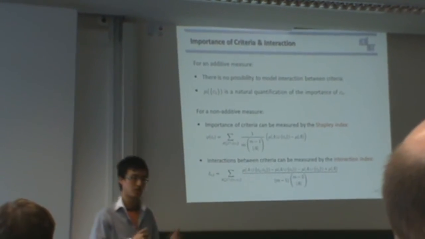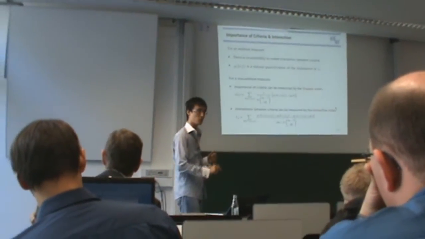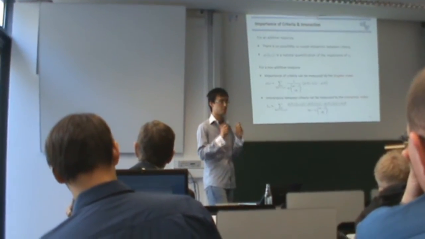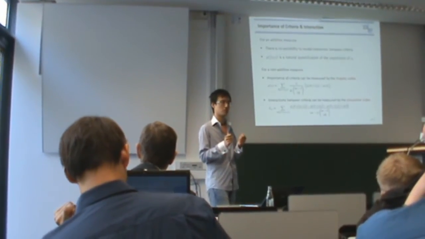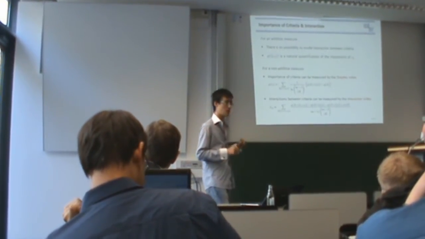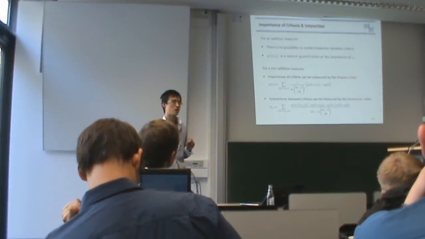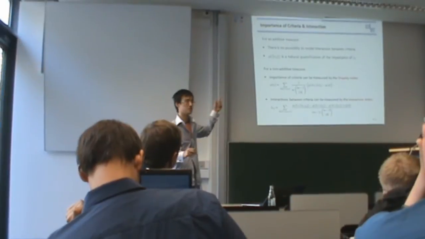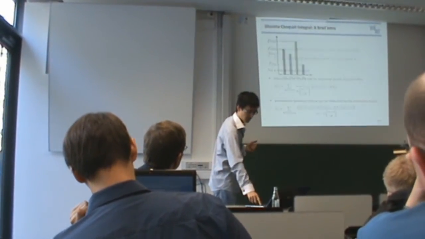At the same time, we also have the interaction index, which can be used to compute the interaction between two criteria, or say two features. I won't go into details here. I only want to mention that as long as a non-additive model is given, I can just use these to compute the values. Right, so this is all I want to say.